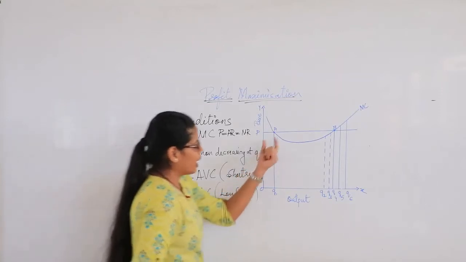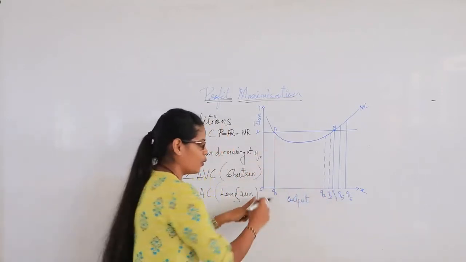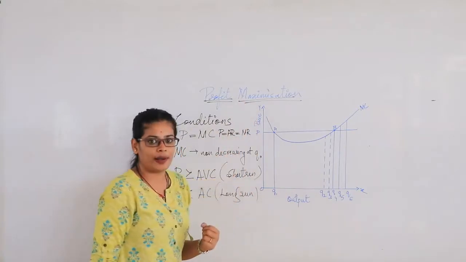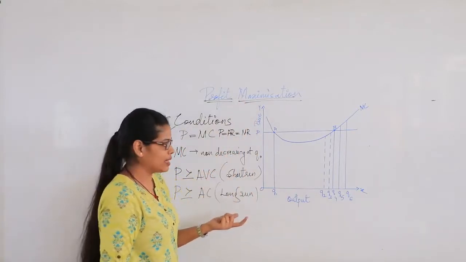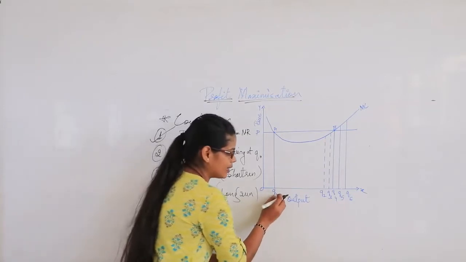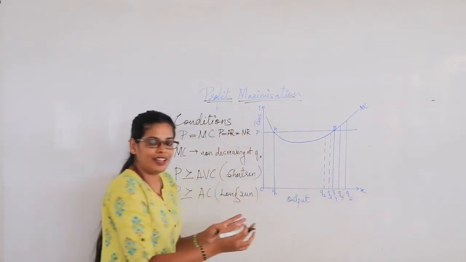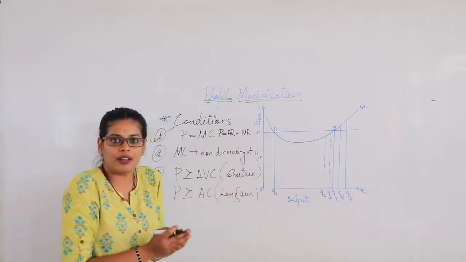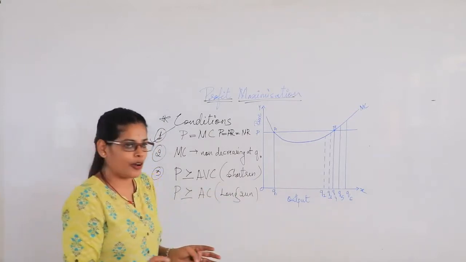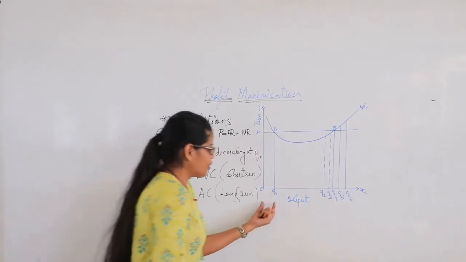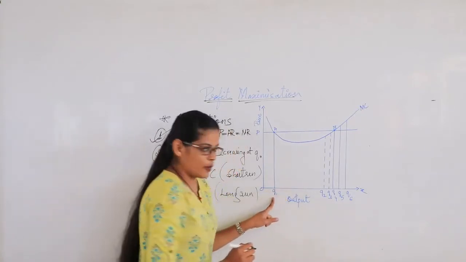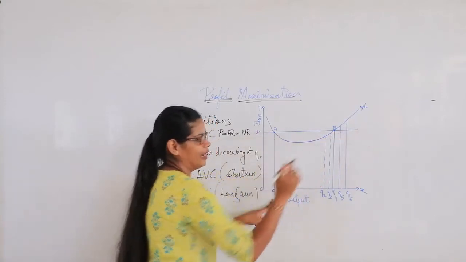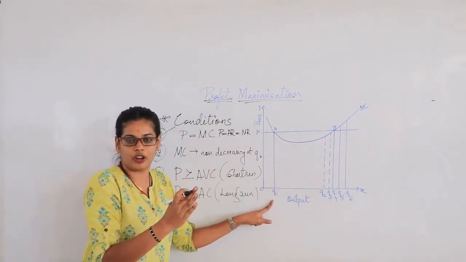If you look at this graph, the OX axis talks about the output and the OY axis talks about the price or cost of production. These are the different quantities wherein we want to understand at what level of output the firm makes its maximum profit. At the Q1 point, this is the price line, where price was constant in the perfect competitive market.